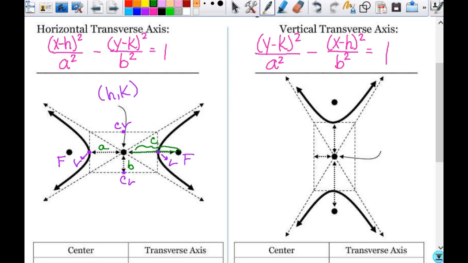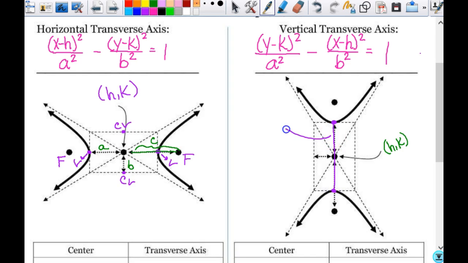So then over here, let's label a couple of things that aren't necessarily the same things. We'll put our HK here, because the arrow was already there. And from vertex to vertex, this line segment right here is one of the axes.